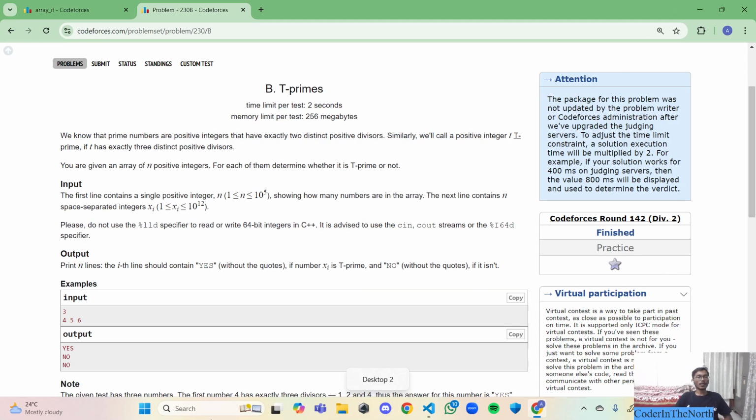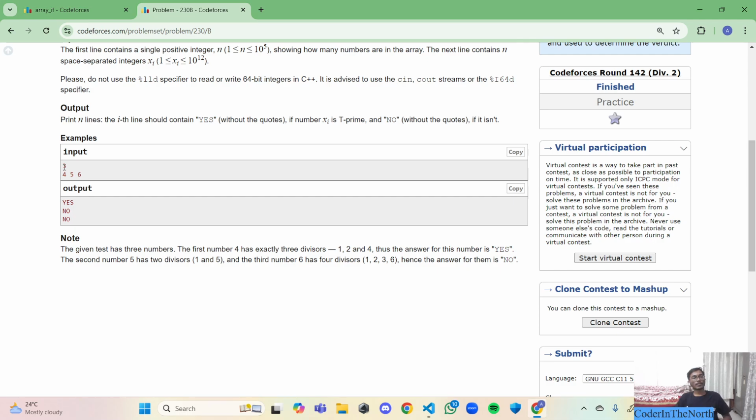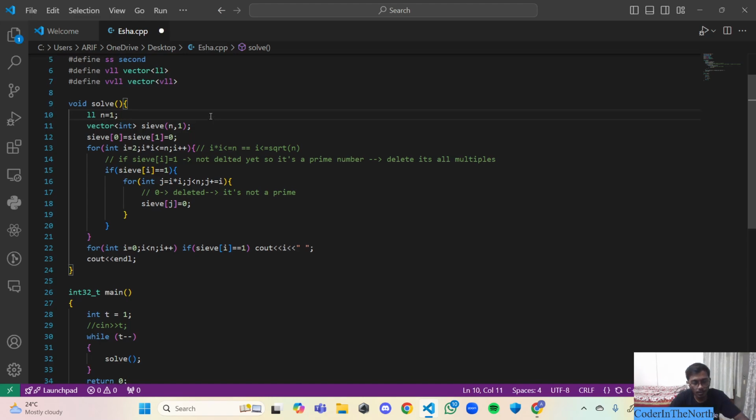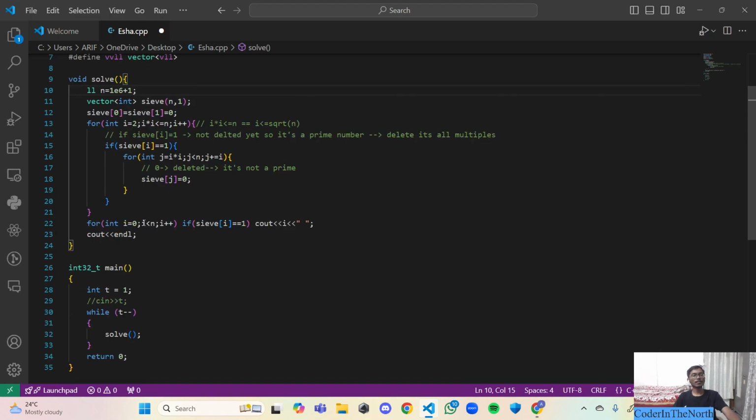See now what inputs there are. We have to take n as input and then n numbers. We know that we need numbers till 10 raised to 6, so I'm pre-computing these numbers.